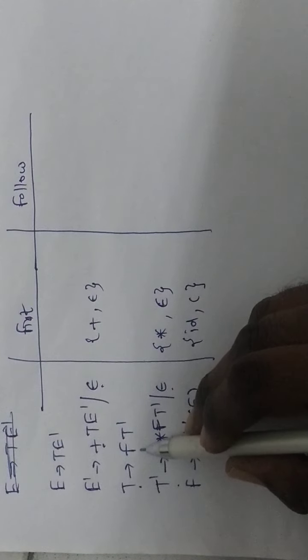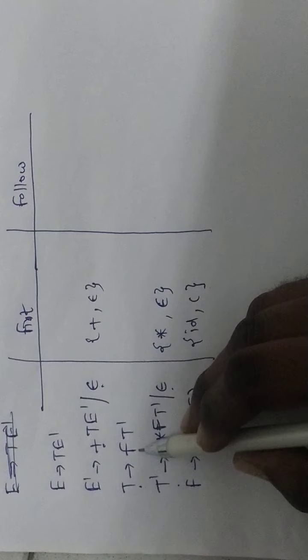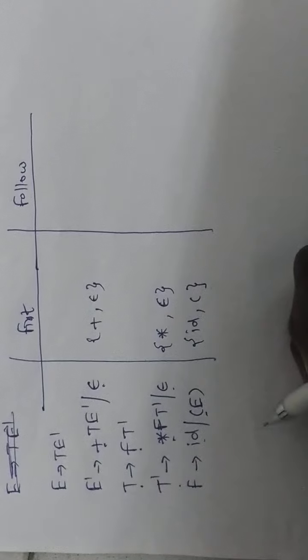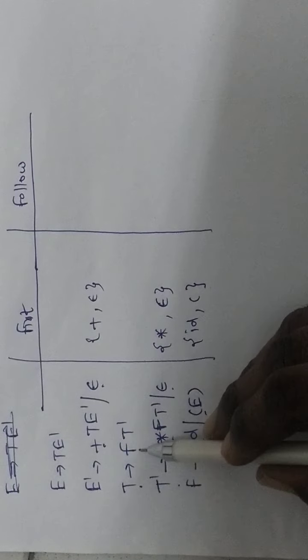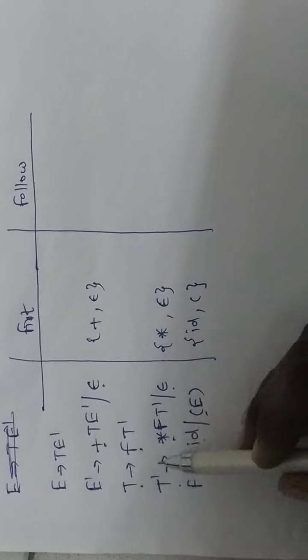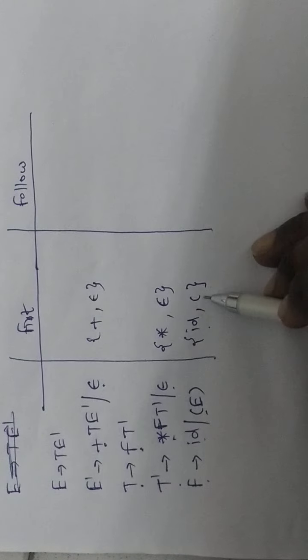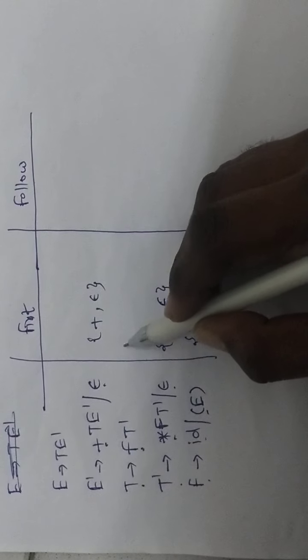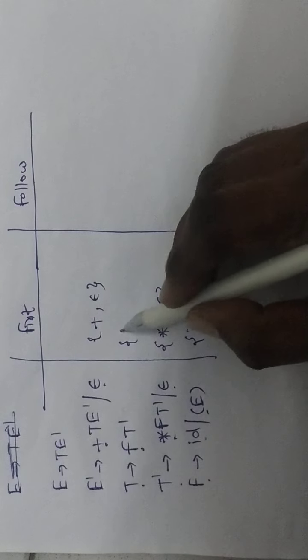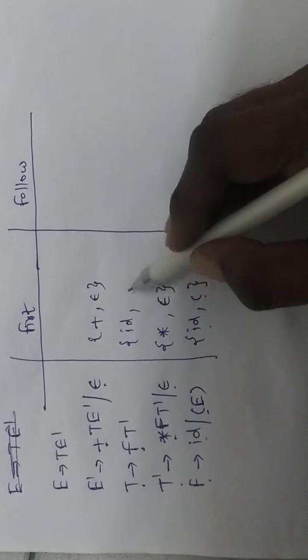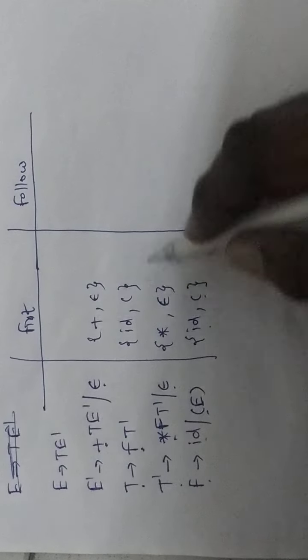Now when it comes to T, what is the first of T? First of T is F, which is a non-terminal, so we should not take this non-terminal in the first set. So we should look for the first of F. What is the first of F? id, open bracket. Then the first of T will be id, open bracket, right?